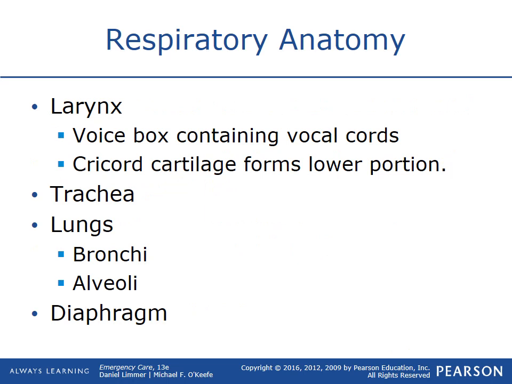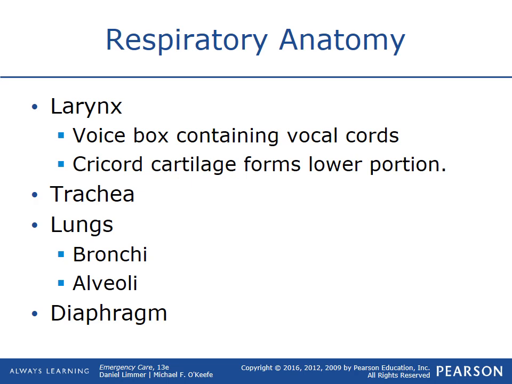The larynx is a voice box containing vocal cords. And it sits inside the trachea, right around where the cricoid cartilage forms over the lower portion of the trachea. The trachea is the windpipe.